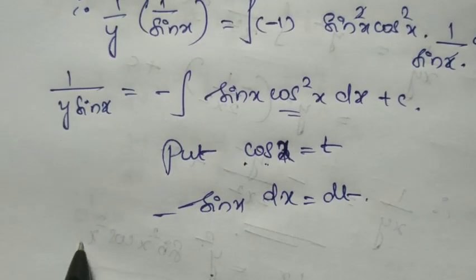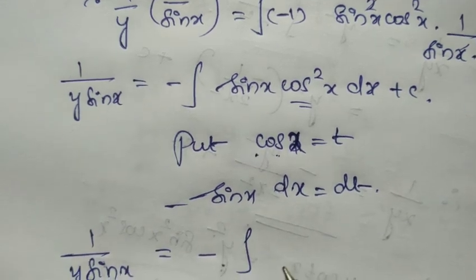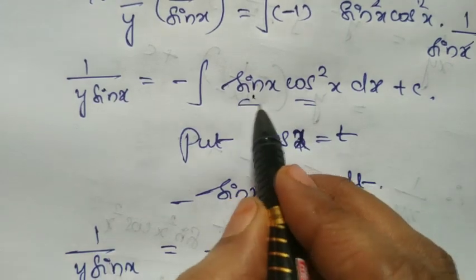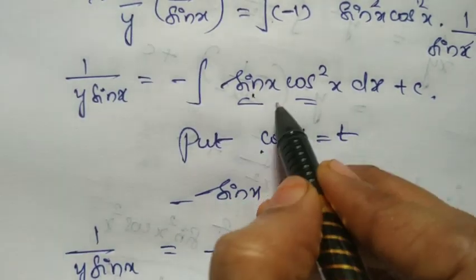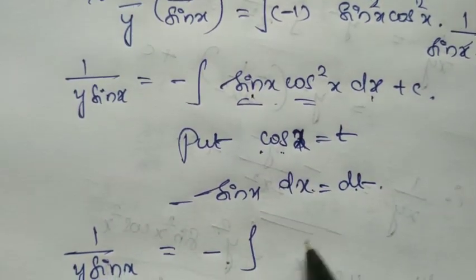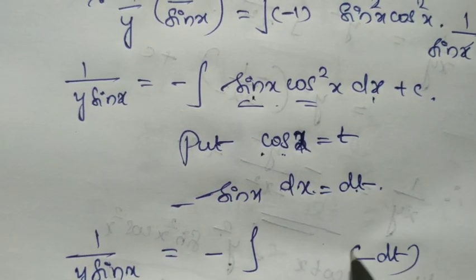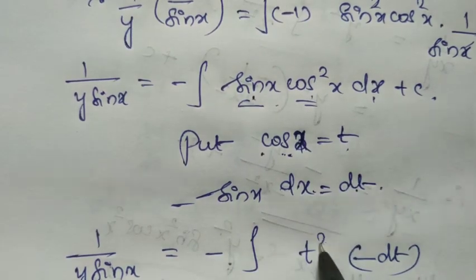So therefore 1 by y sin x equals minus of integration of sin x dx equal to minus dt, and cos x equal to t, so that is t square.